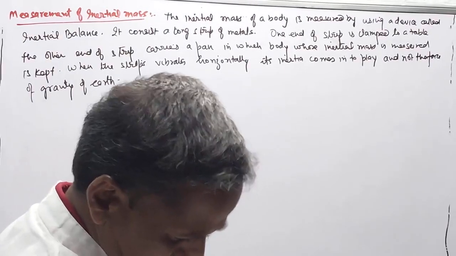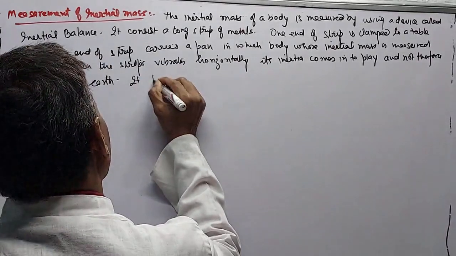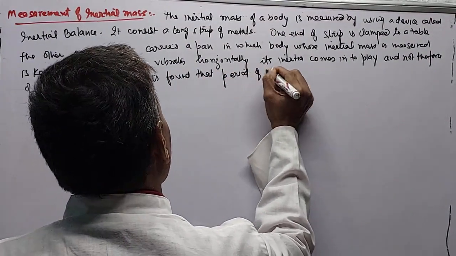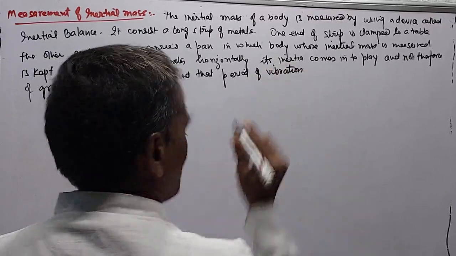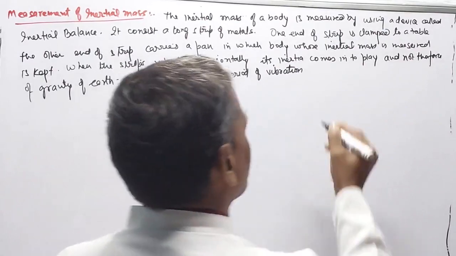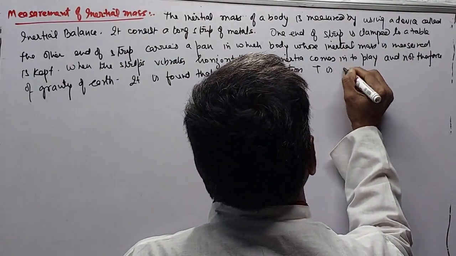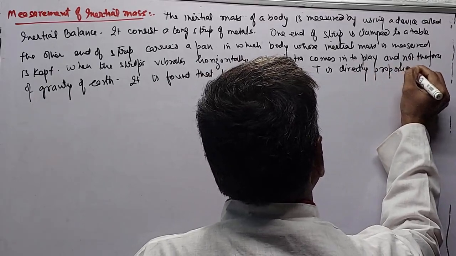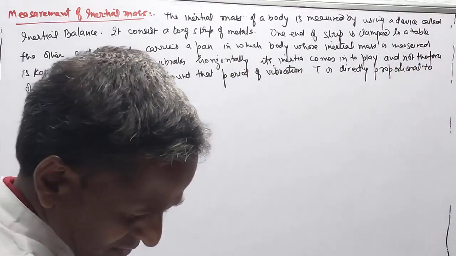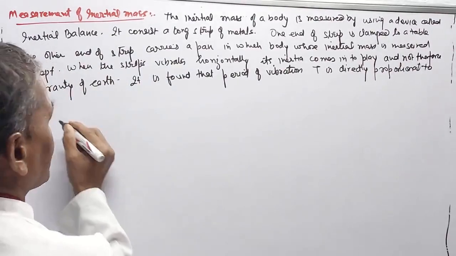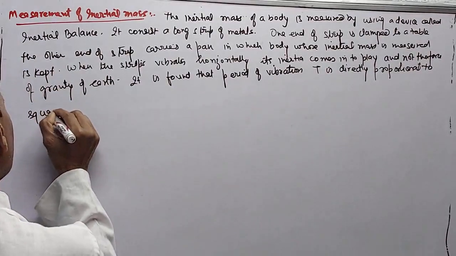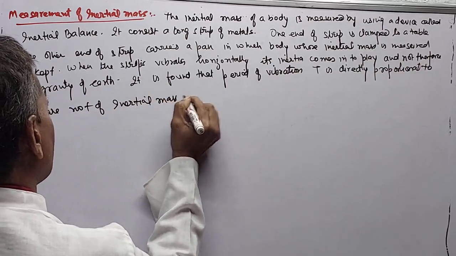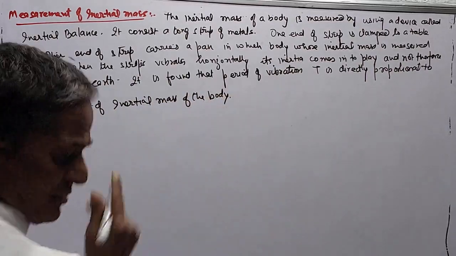It is found that the period of vibration, capital T, is directly proportional to the square root of the inertial mass of the body.